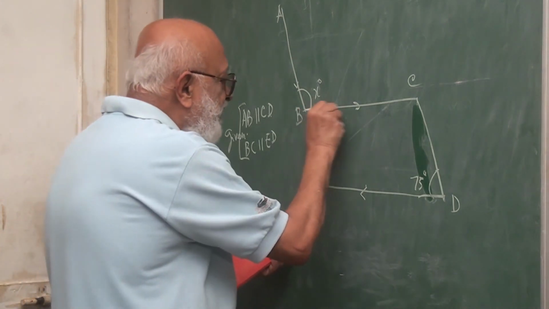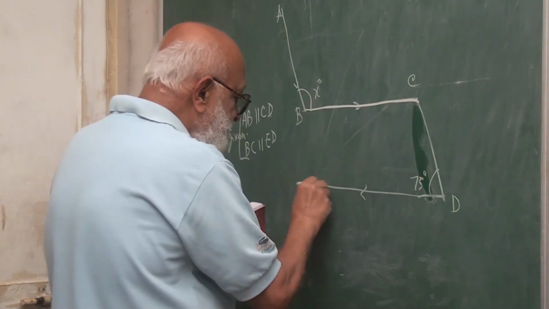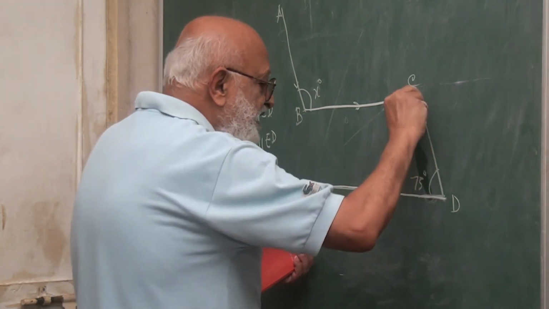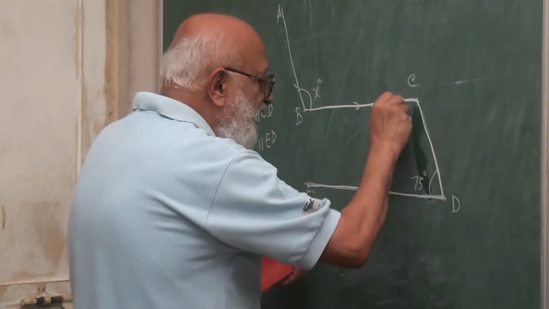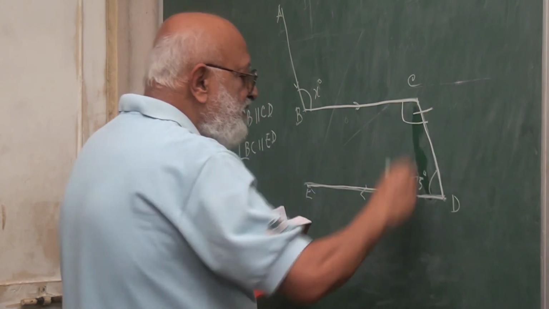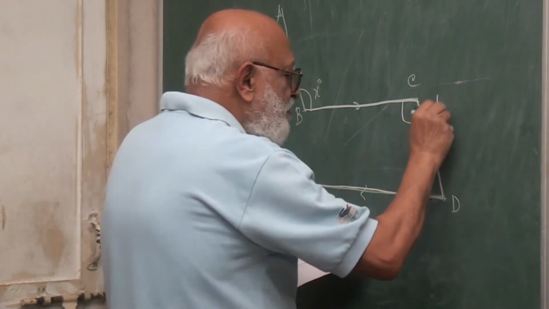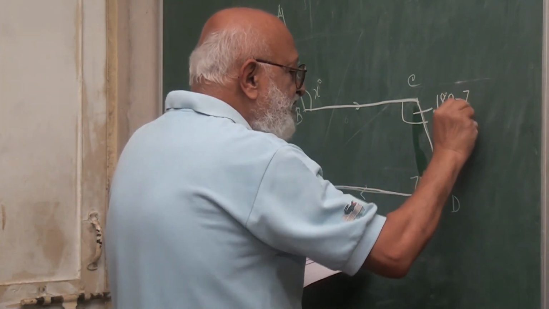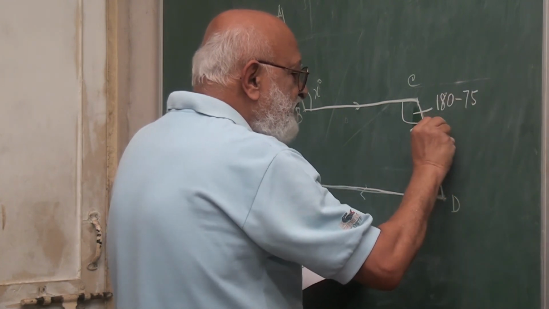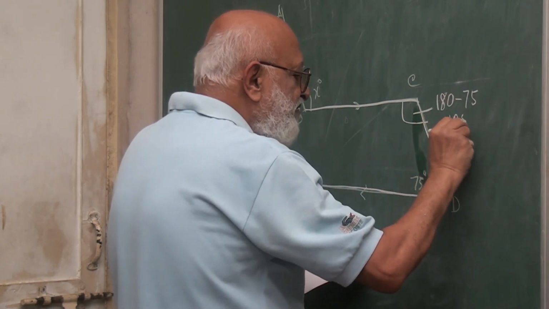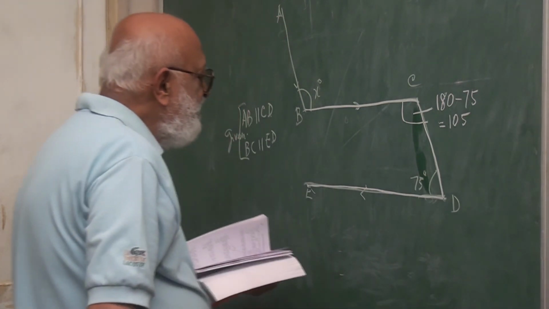These two lines are parallel, and I can use this one as a transversal. I know this angle would be 180 degrees minus 75, that is equal to 105. Right?